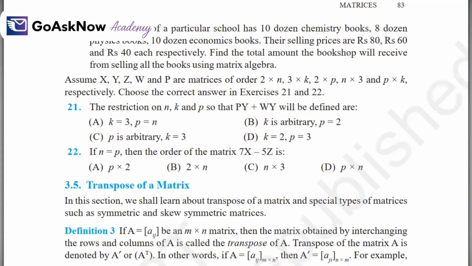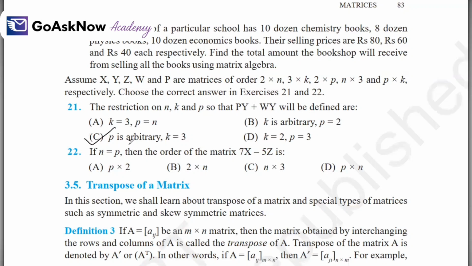Yes, k is equal to 3 only. WY is there in the second term. So W has the number of columns as 3 and Y has the number of rows as 3. So this is already proved and equal, and you don't have to do anything here. So option C will be correct here, that is p is arbitrary and k is equal to 3. I hope you got this part.